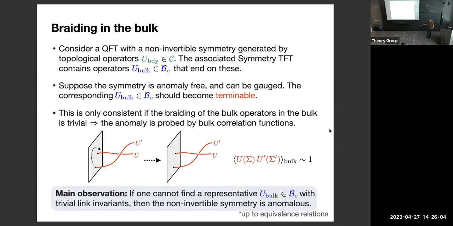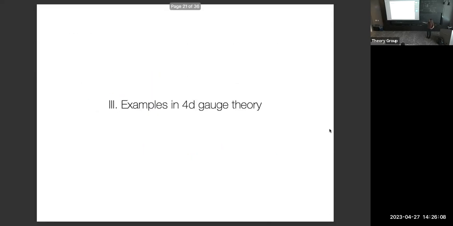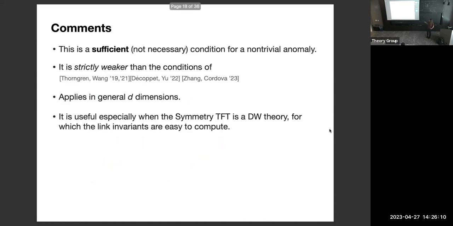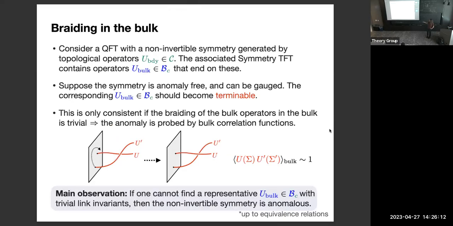I can move them around each other. I shouldn't get any sort of phases. These sorts of correlation functions between the bulk terminable operators should be 1. So therefore, the anomaly is probed by these sorts of bulk correlation functions.